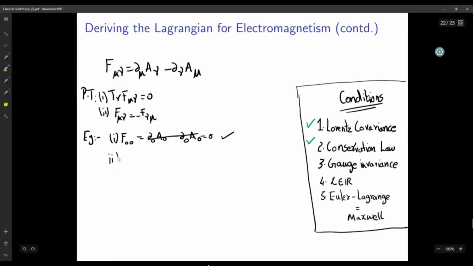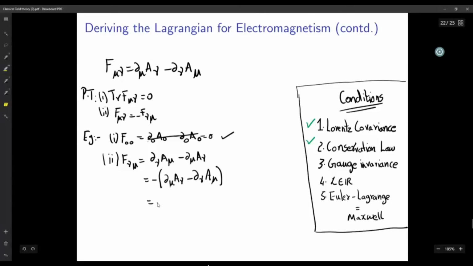And to prove the other one, I'll just find out what F mu nu is. Which would just be dou mu A nu minus dou nu A mu. It looks oddly similar to this guy. So if I just take the minus outside, it would just become dou nu A mu minus dou mu A nu.